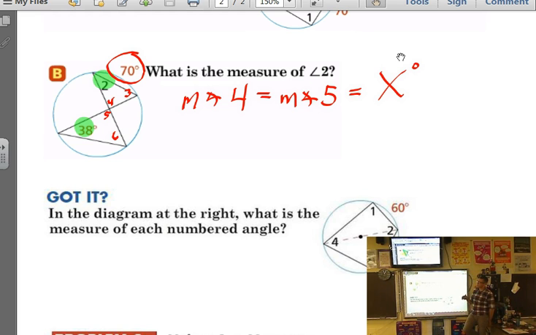But how could we solve my other unknowns? You're gonna face problems on your homework where you don't use rules that don't apply. If we try to say that 4 and 5 are 35, that is breaking a rule, because first off, that only works if it's on the edge. This vertex is not on the circle. And if it was the center, it'd be equal, but it's not the center.